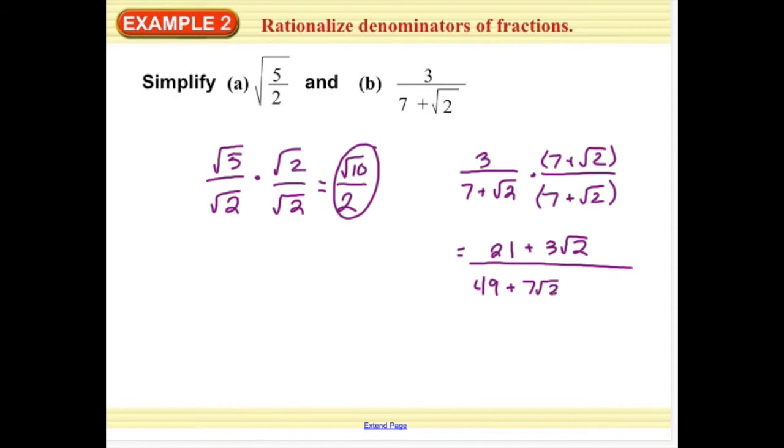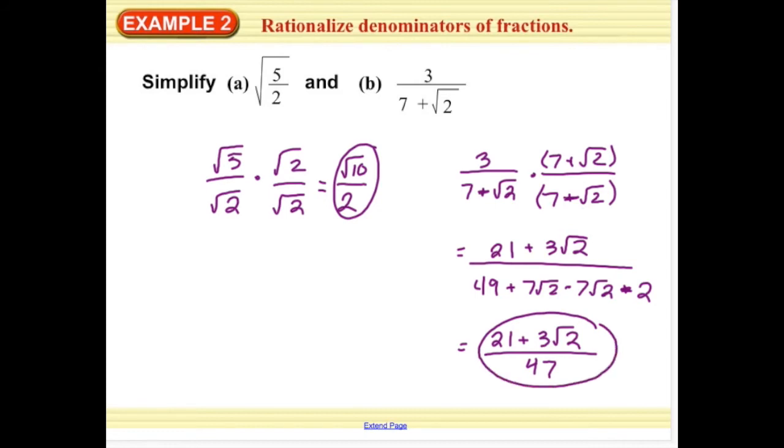I have two distinct sets of parentheses, so I actually have to FOIL those, simplify down, and I'm left with 21 plus 3 radical 2, and all of that is over 47 once we get down to simplifying.